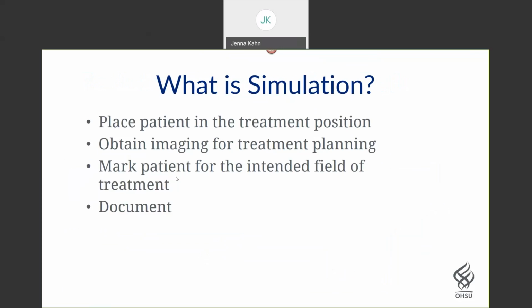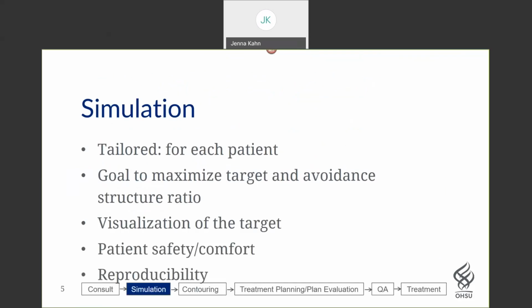So what is simulation? We place the patient in the treatment position to obtain imaging for treatment planning. We mark the patient for the intended field of treatment, and we document all of those things. It's tailored for each patient, and the goal is to maximize target and avoidance structure ratio.